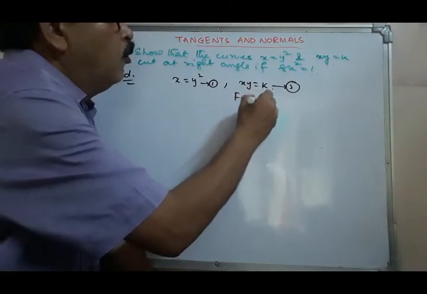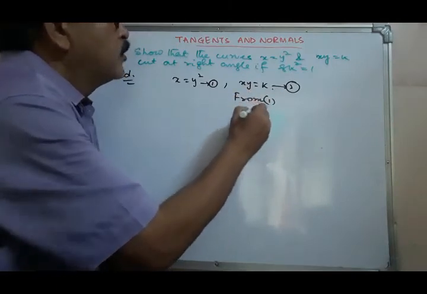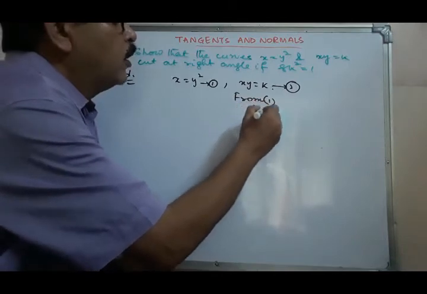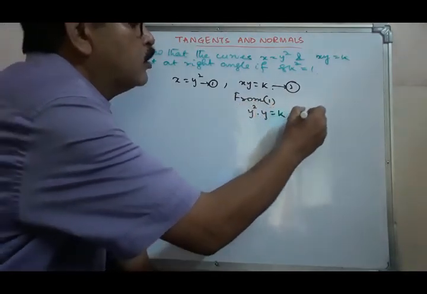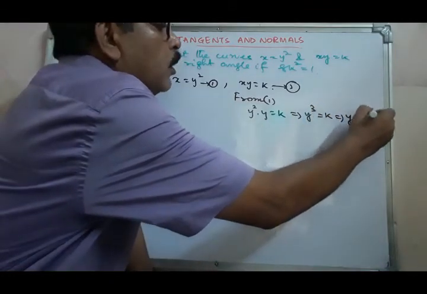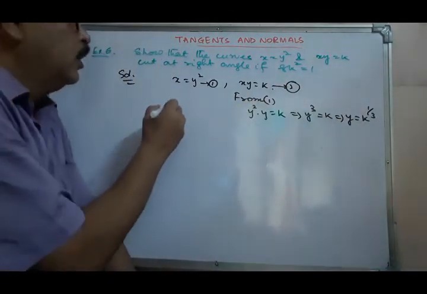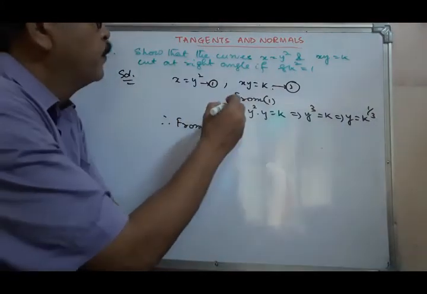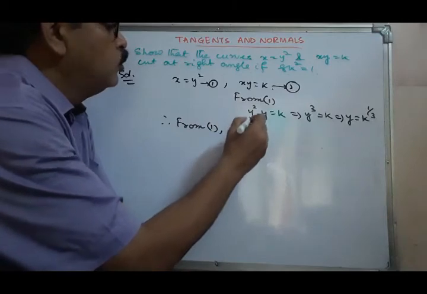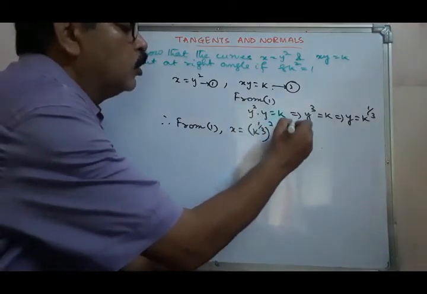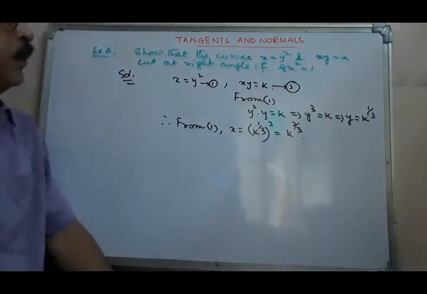From 1, x into x is y square, so y square into y equal to k, it means y cube equal to k, so y equal to k to the power 1/3, and therefore from 1, x is equal to k to the power 1/3 whole square, that is k to the power 2/3.